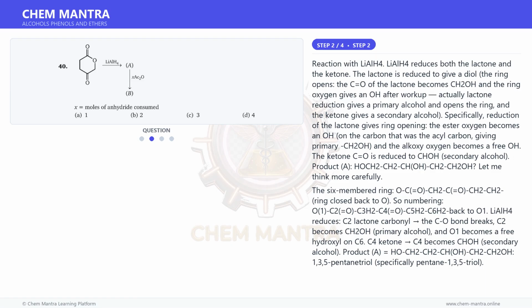LiAlH4 reduces the lactone carbonyl, the C-O bond breaks, C2 becomes CH2OH, primary alcohol, and O1 becomes a free hydroxyl on C6. C4 ketone becomes CHOH, secondary alcohol. Product A is HOCH2CH2CH(OH)CH2CH2OH, specifically pentane-1,3,5-triol.